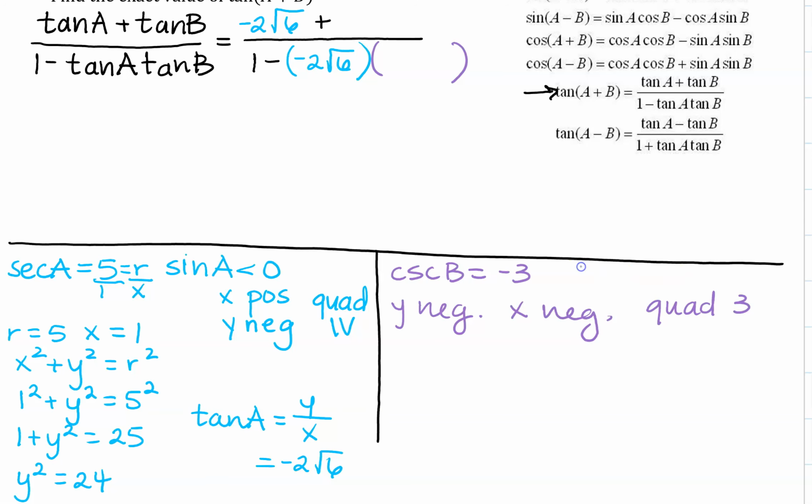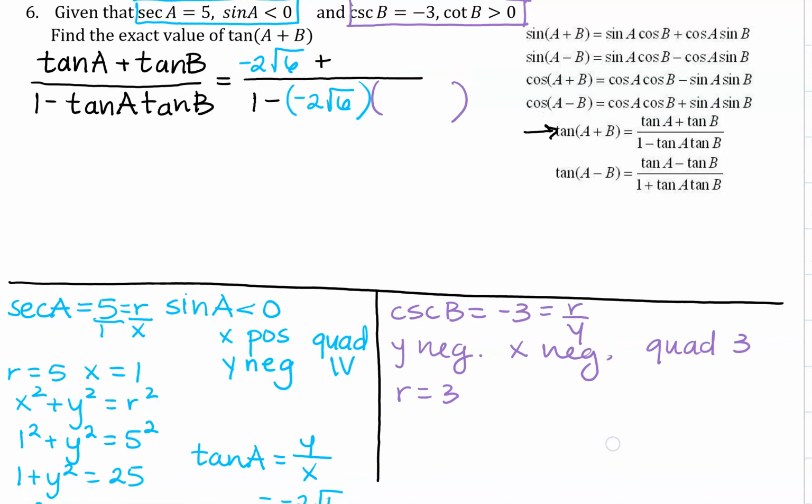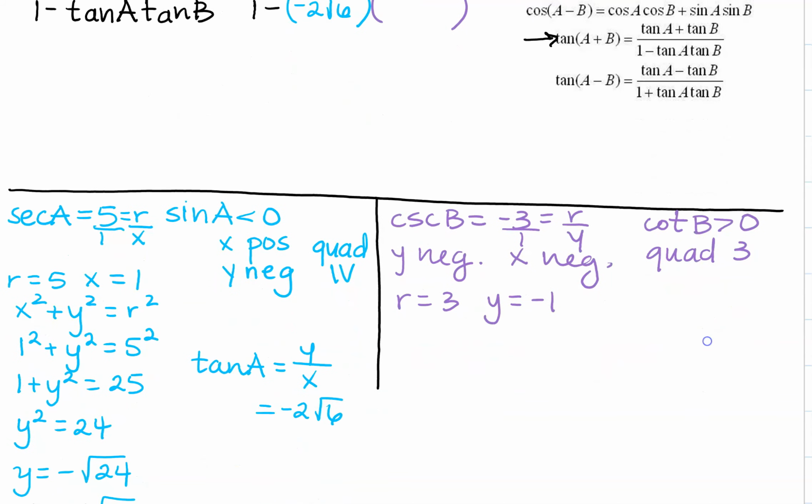Cosecant is equal to r over y, and so I am going to assign r equal to a positive 3 and y equal to a negative 1. I cannot assign r to be negative. R is always positive. So we need to find x using the fact that x squared plus y squared is equal to r squared.